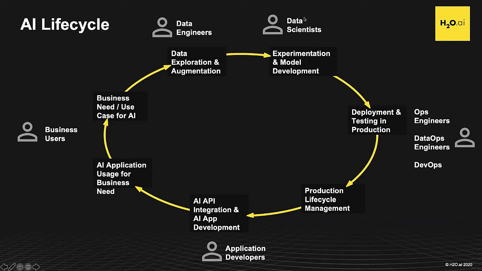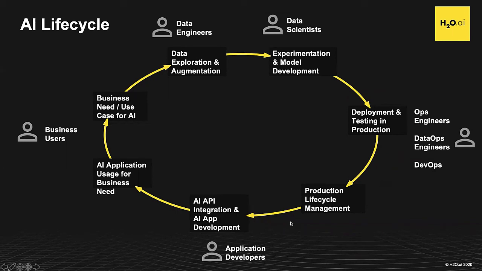Data scientists would then experiment and create models and work on getting the best outcome from the models, and they would then pass it on for deployment and testing in production. So there you have the DevOps team, you have the DataOps engineers whose work is to actually deploy them into production and also manage the production life cycle throughout.